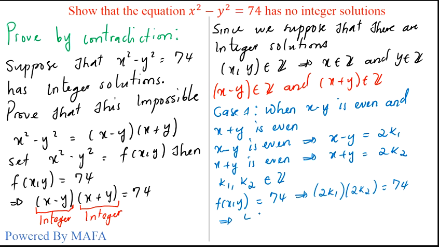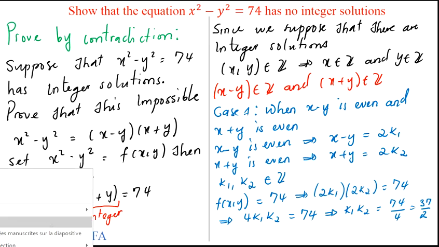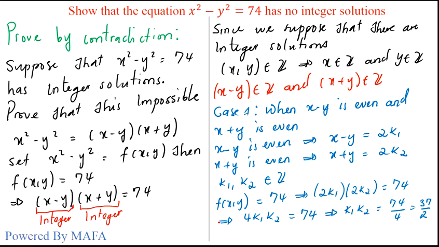This means that 4k1k2 is equal to 74. Now we can divide both sides by 4. We are going to get k1k2 is equal to 74 divided by 4, which is simply 37 divided by 2.